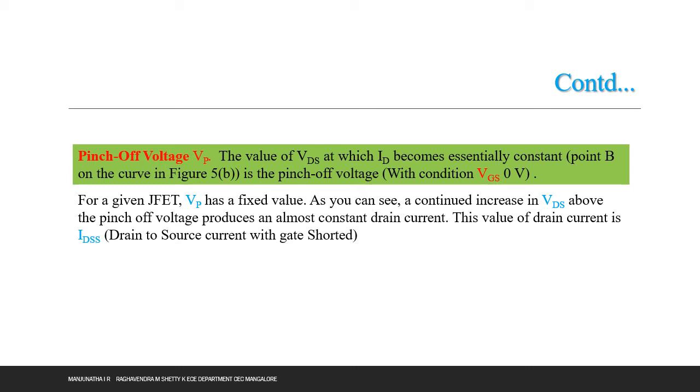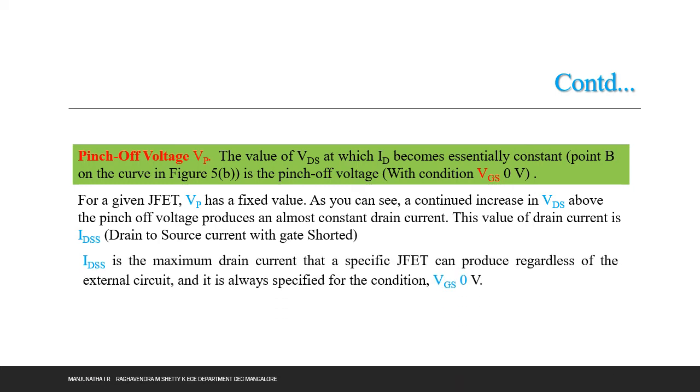IDSS means drain to source saturated. The current we observe is IDSS. IDSS is the maximum drain current that a specific JFET can produce regardless of the external circuit, and it is always specified for the condition VGS equal to 0.